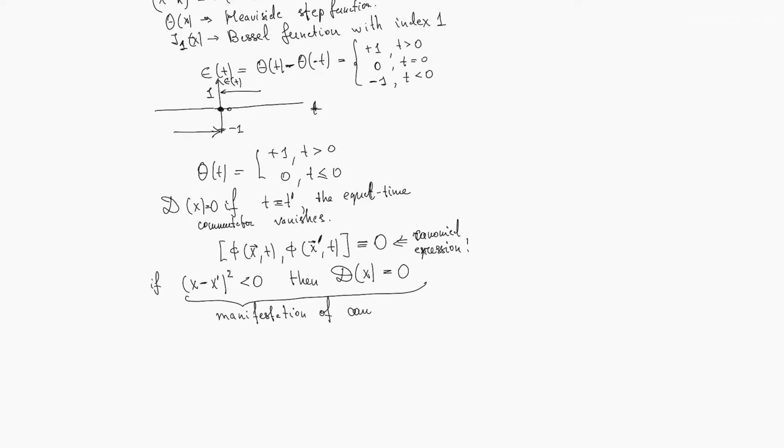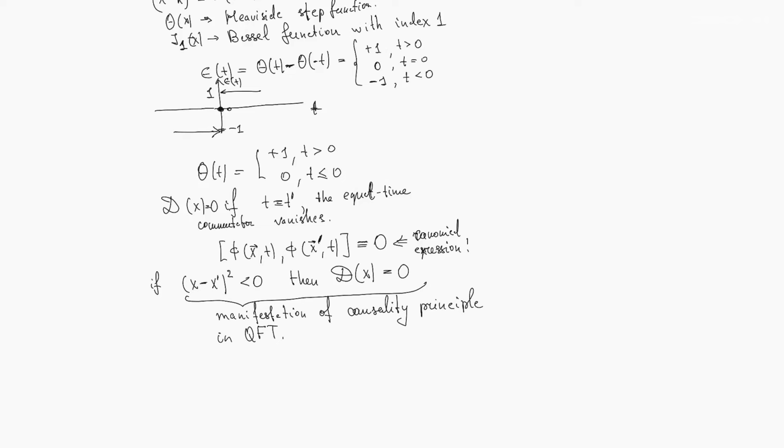So this is an important fact, which is a manifestation of the causality principle in quantum field theory. Why is it so? That's because, as you know, no signal can propagate faster than the speed of light.